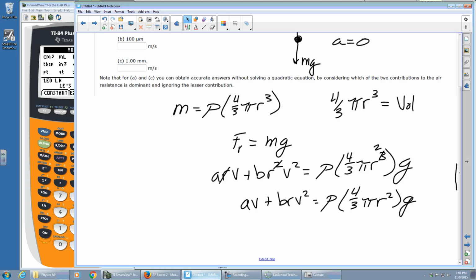Rho is the density of water, which is 1 kilogram per liter, or 1,000 kilograms per cubic meter.